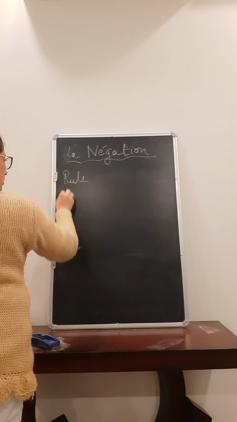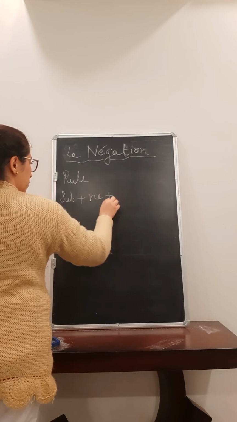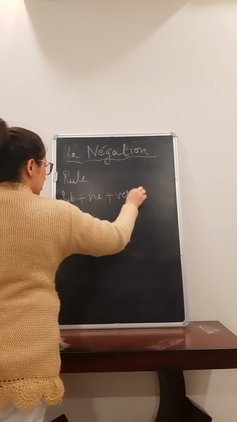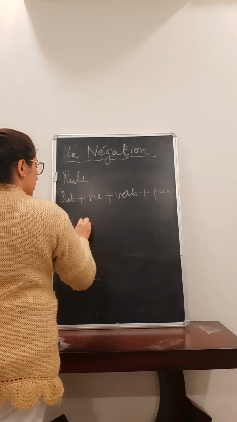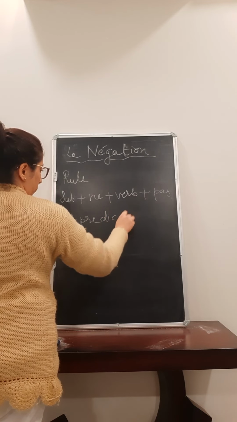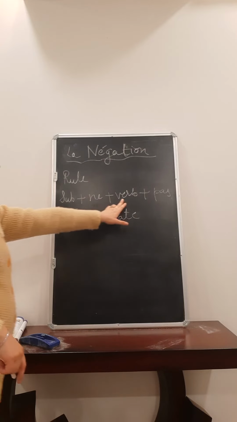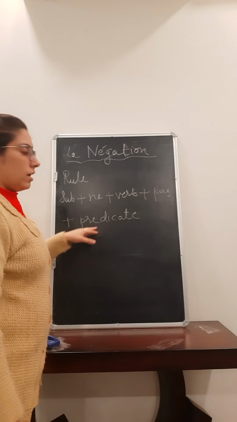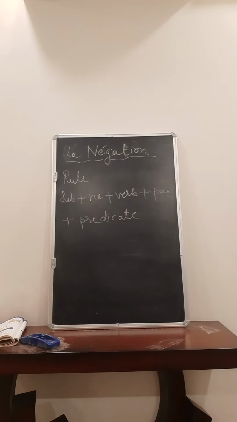That is: subject plus ne plus verb plus pas, then plus predicate, meaning the rest of the sentence. I'm repeating once again: subject plus ne plus verb plus pas, and then the predicate, the rest of the sentence.